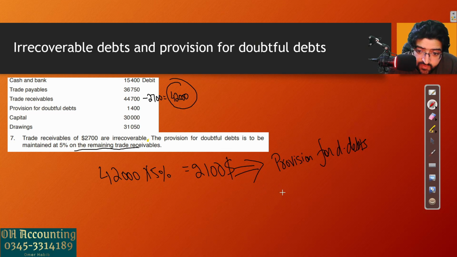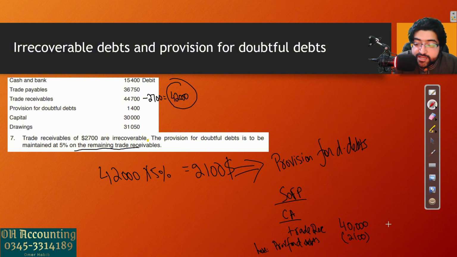Okay, so when you're preparing your SOFP, in the current asset section, when you record your trade receivables here, make sure to deduct the provision, less provision for doubtful debts, from it to get the actual value you expect to receive from your trade receivables, because, sorry, this is 42,000, because we cannot overstate our assets.